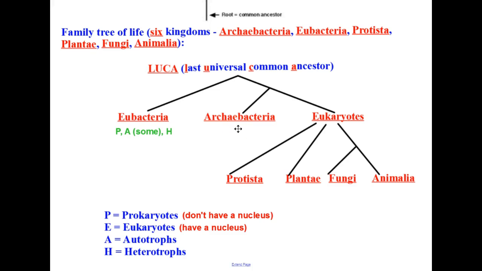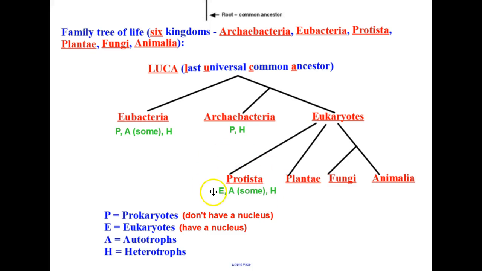Then branches off into Archaebacteria, which would be your prokaryotes and heterotrophs, and eukaryotes, which branched off into Protista, which are eukaryotes, contains some autotrophs, and heterotrophs.